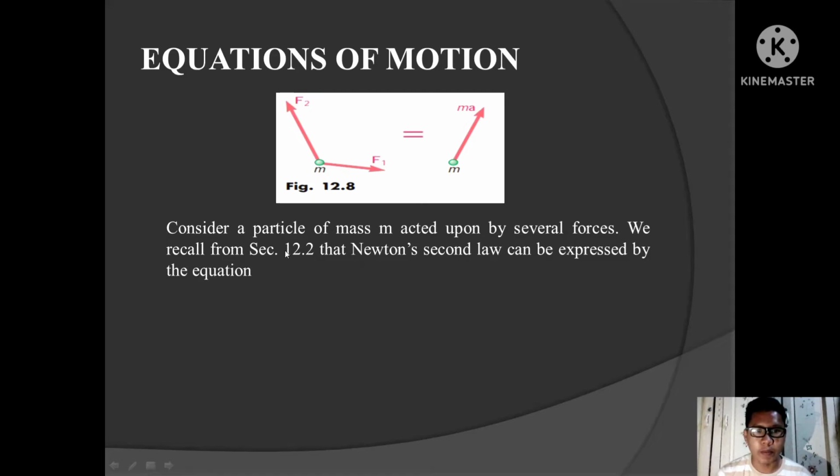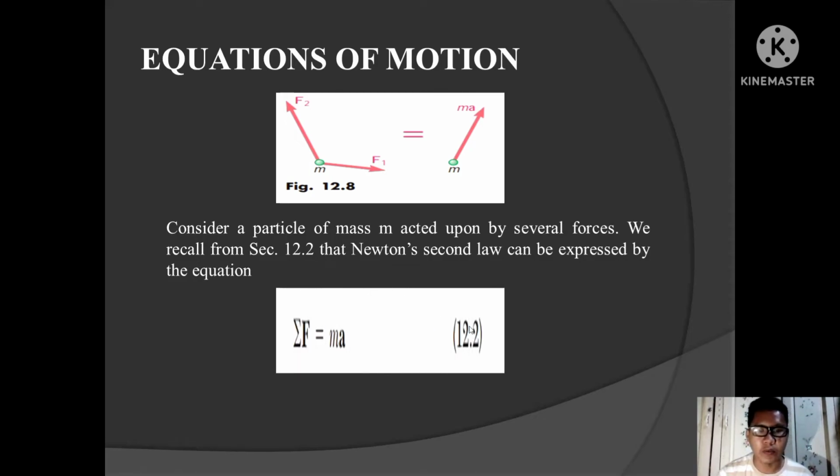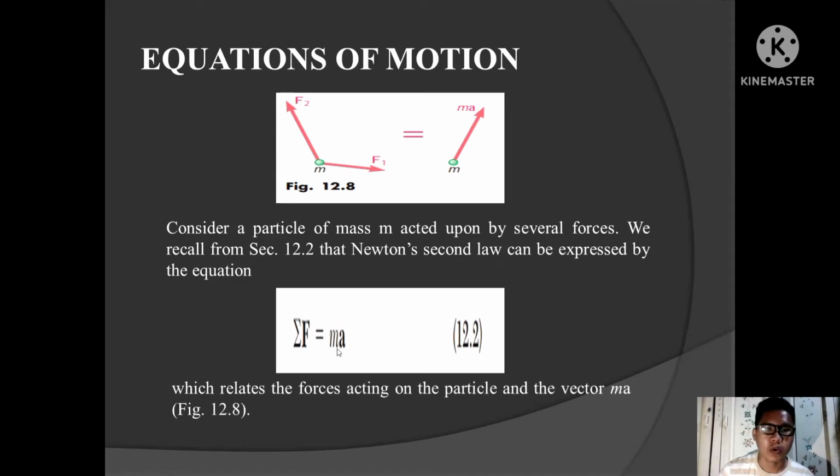We recall from section 12.2 that Newton's second law can be expressed by this equation: the summation of F equals mass times the acceleration. They are considered the equation of motion since it relates the mass and acceleration, which relates the forces acting on the particle and the vector ma.